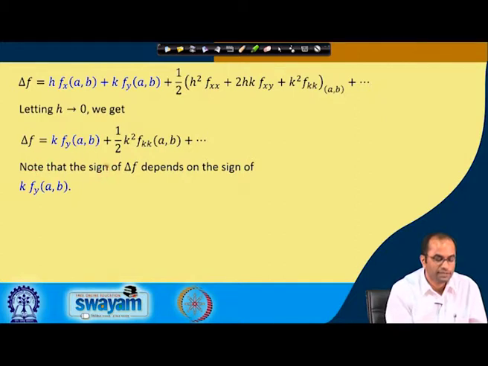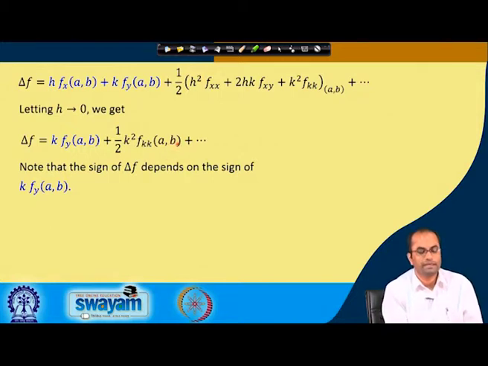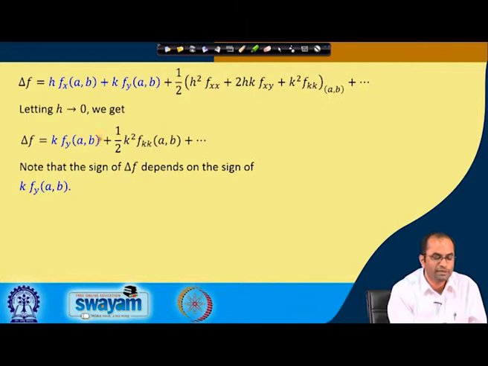Note that the sign of delta f will again depend on the leading term in k. The rest of the terms are k square, k cube and so on. For very small k, these terms will be negligible, and the sign will be determined by the leading term.